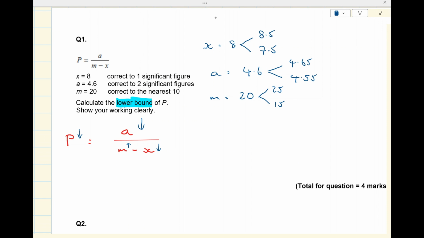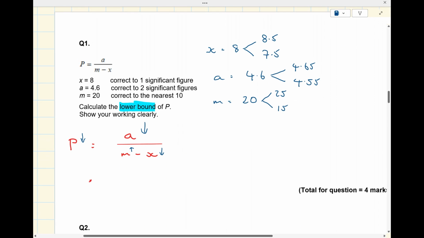And only now do I substitute in my numbers. So I'm going to want the lowest possible a, the highest m, and the lowest x. So I'm going to have 4.55 divided by 25 minus 7.5.